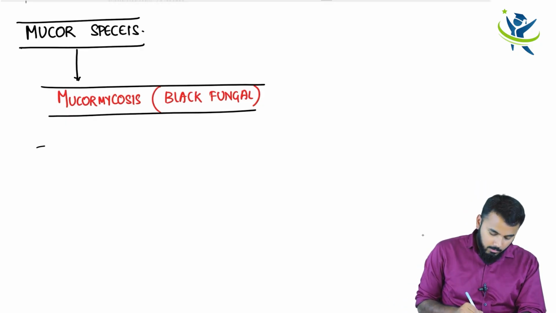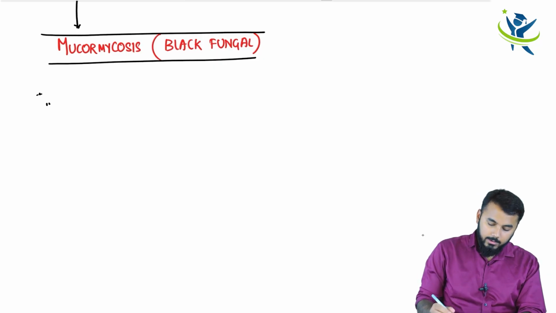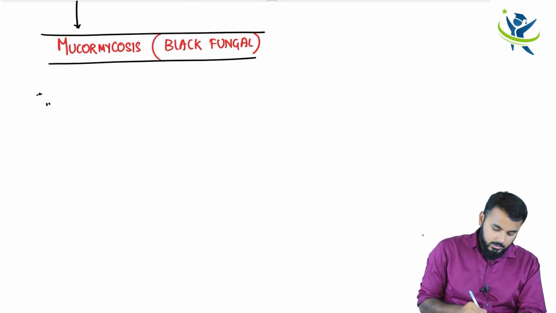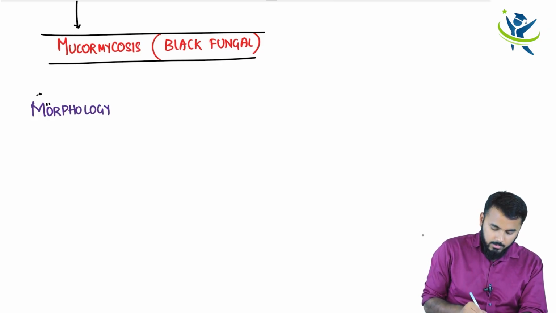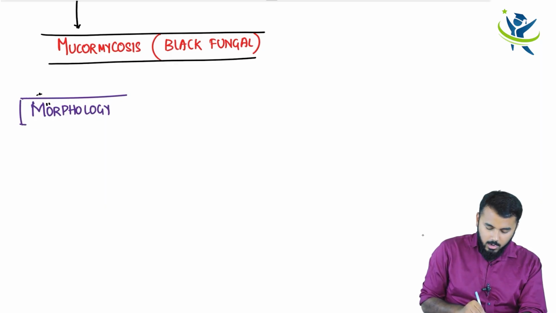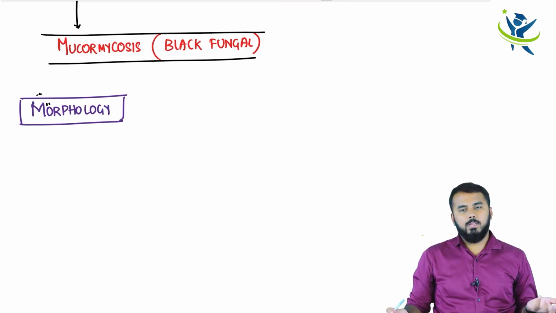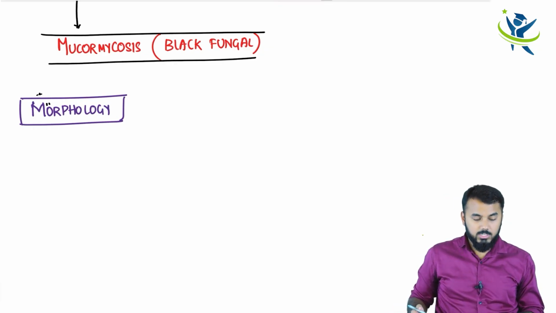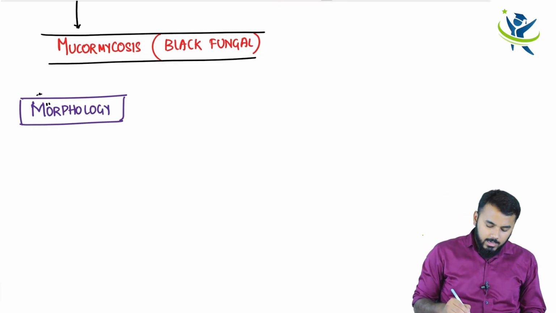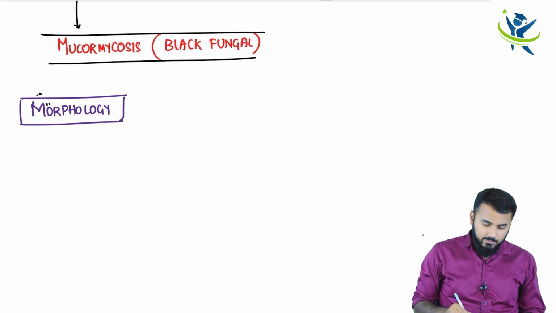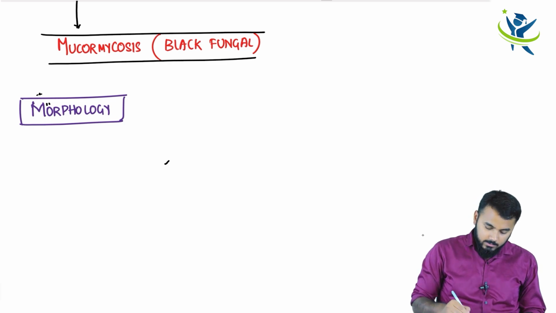Now, if you look at the morphology of this disease, first of all, we have to discuss the septate hyphae and the structure, right? So actually these hyphae are like this, guys.